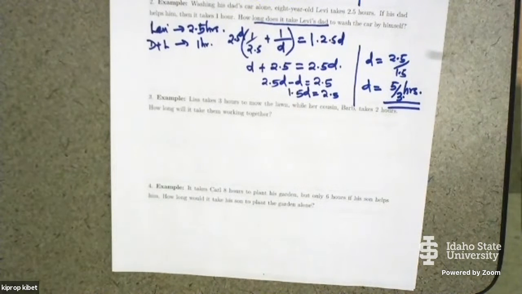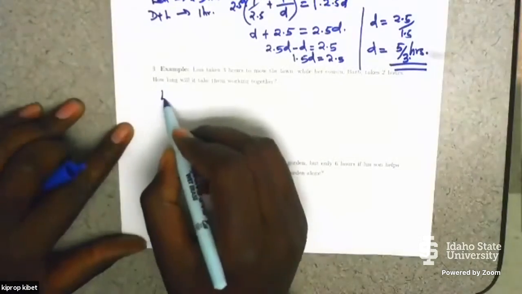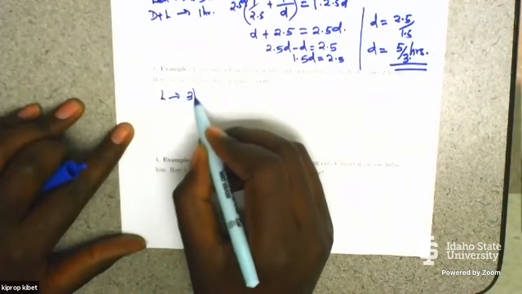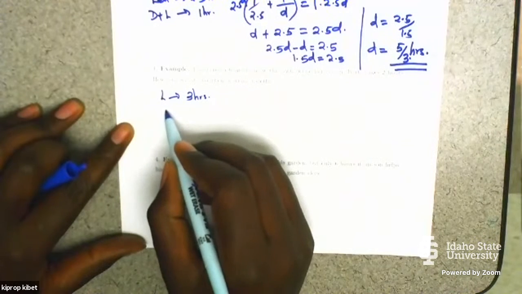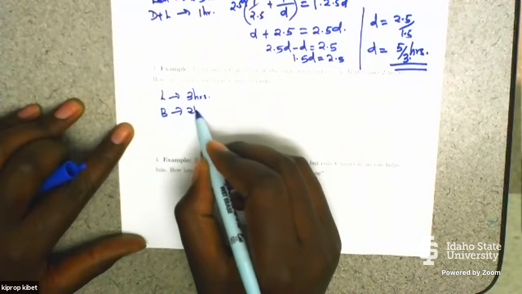So in 1 hour, Lisa will have done 1 over 3 of the job, and then the cousin will have done 1 over 2 of the job. Now, in 1 hour, how much will both of them do? So Lisa is 3 hours, Bob is 2 hours.